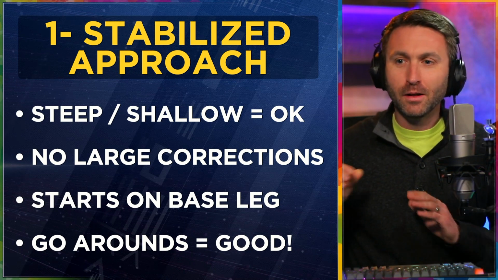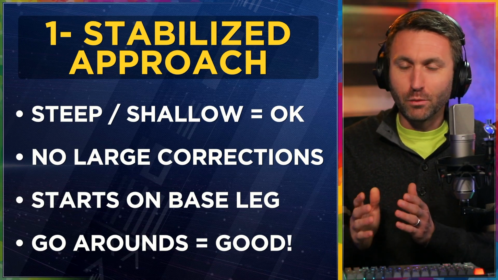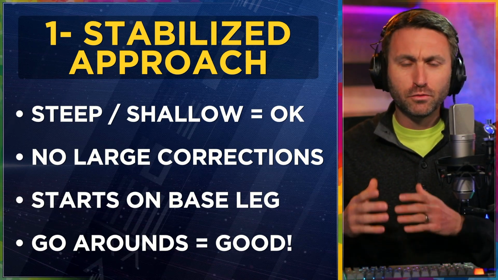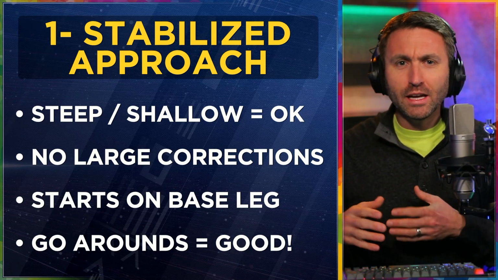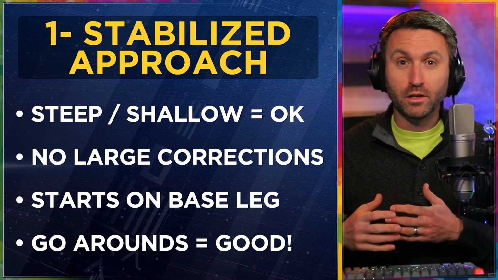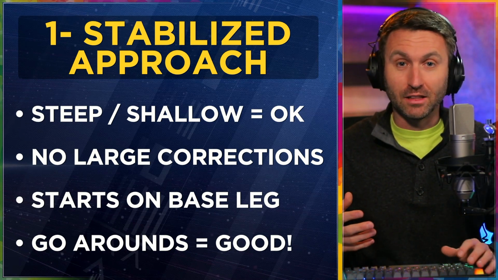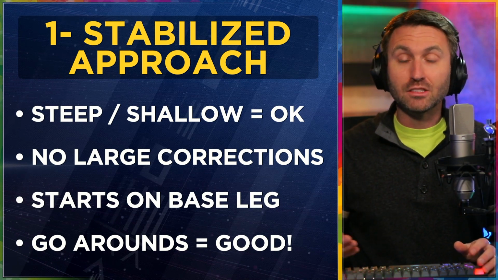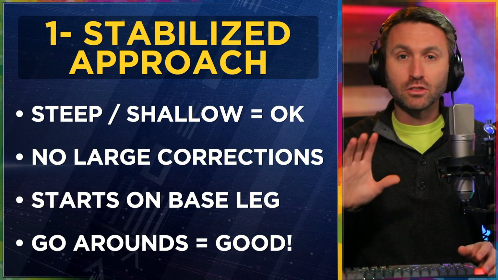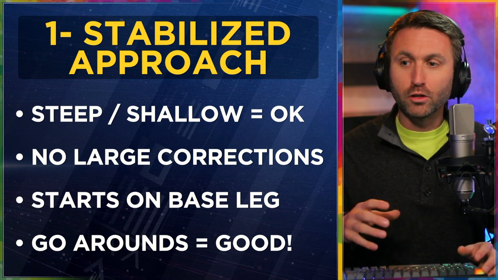There are a lot of large-scale corrections that would make an unstabilized approach. But generally speaking, so long as you've got a trajectory and a trend of the airplane, and that trend is going to put you in the right spot at the very end, that's fine. That is considered a stabilized approach. It can be steep, it can be shallow to certain extents, but no large corrections.